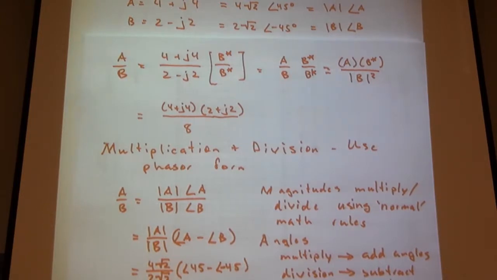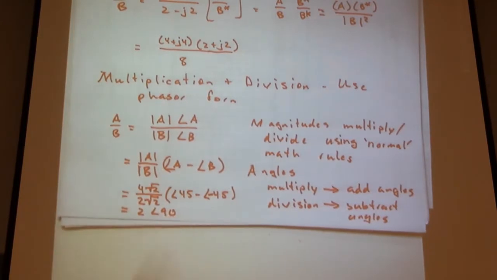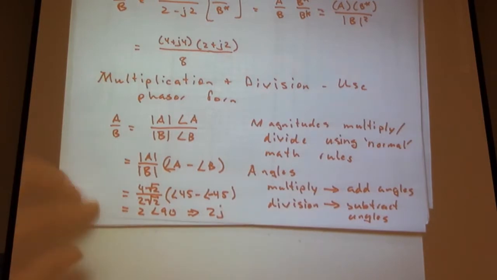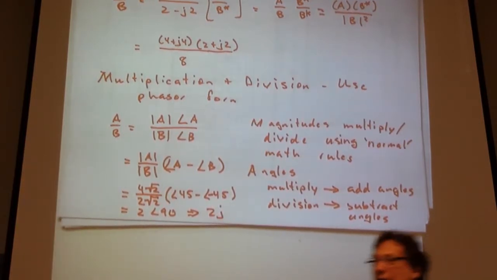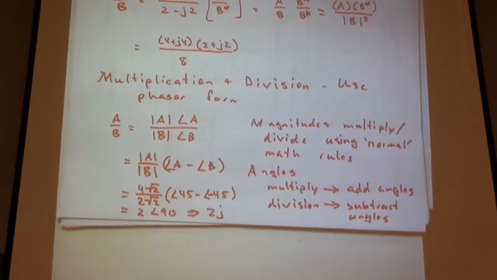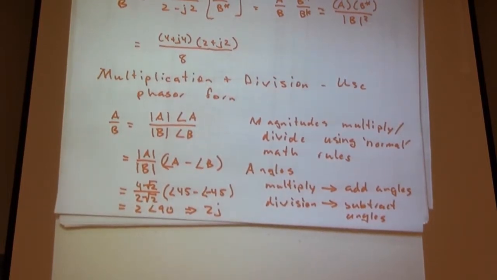Effectively, what's 2 angle 90? In rectangular form, that equals 2j, or j2, however you want to say it. So that's on the imaginary axis, 90 degrees relative to the x-axis. And so an angle of 90 degrees corresponds to j. And so there's our result.